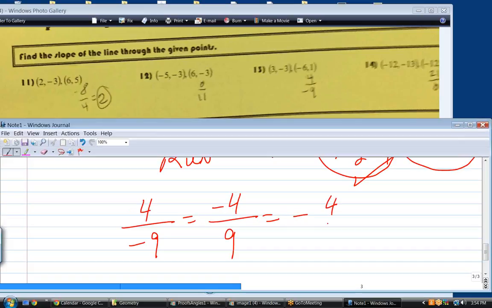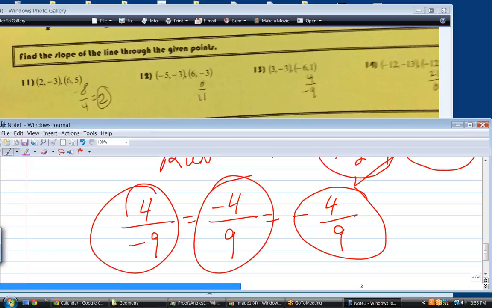All three of those are the same. Okay? So I'd be tempted to give this as a final answer if I was taking a test, as opposed to one of these. They're all the same, but this is minus 4 ninths.